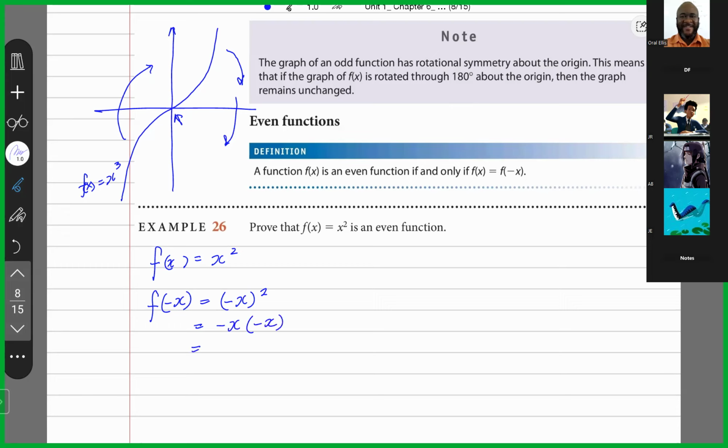Now, a negative times a negative is a positive, and x times x is x squared. Now, since f of x is equal to f of minus x, f of x is an even function.